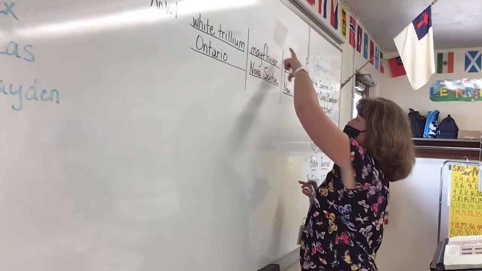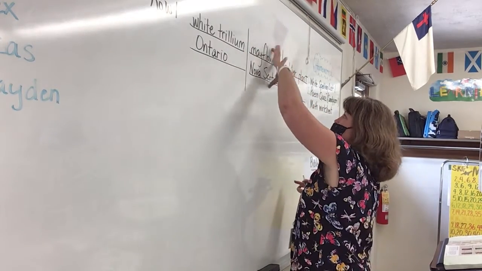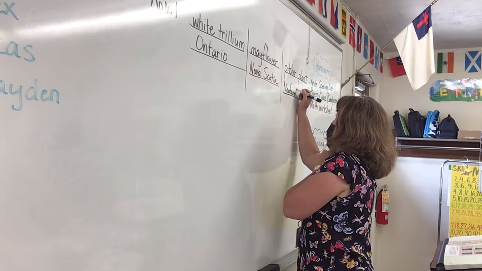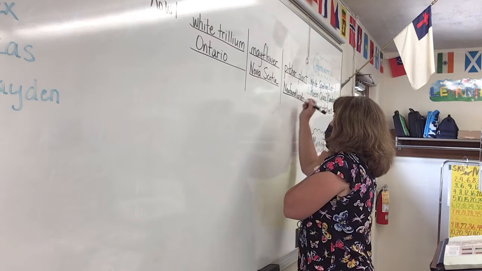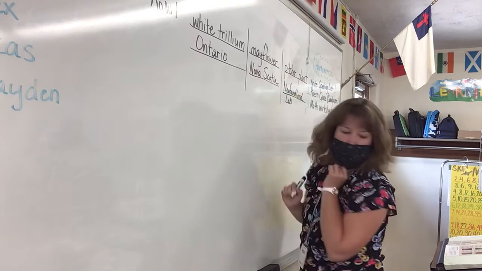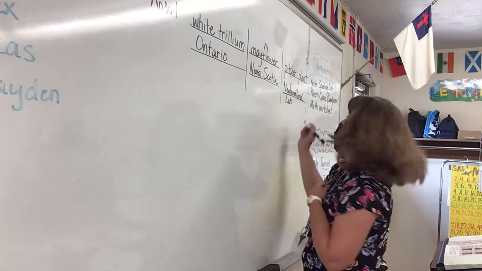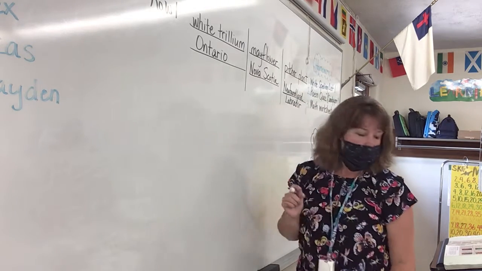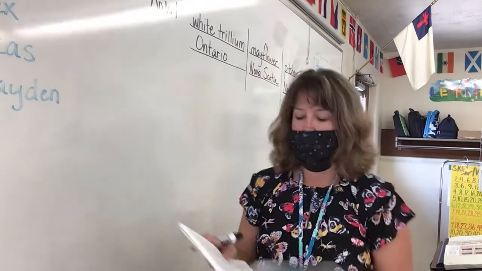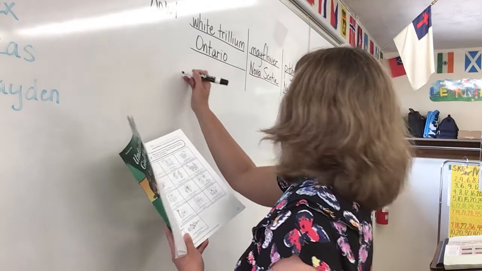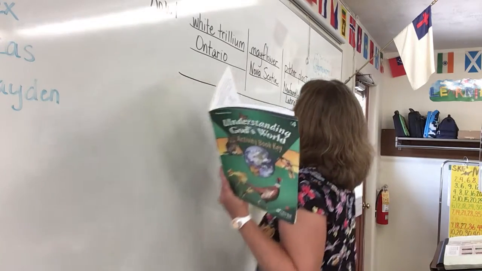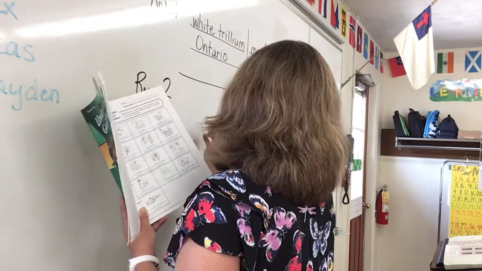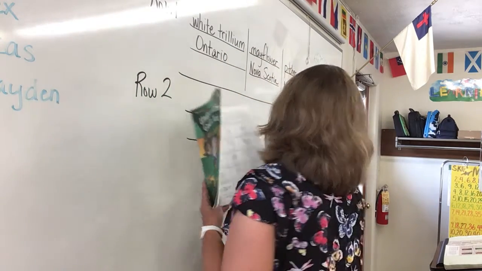So we're doing row 1. So this is the first flower, the second flower, the third flower. Labrador. I just don't have the pictures on the board. Yep. Find it? Yeah. Good. Doesn't it say Understanding God's World Activity Book? Yes. Okay.